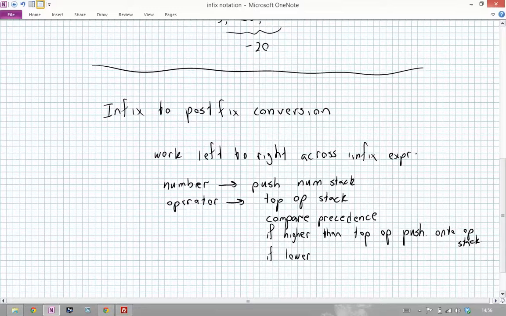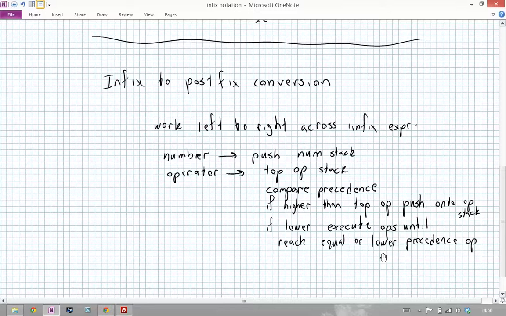In fact, if lower, I have to execute ops until I reach an equal or lower precedence op, and then push.